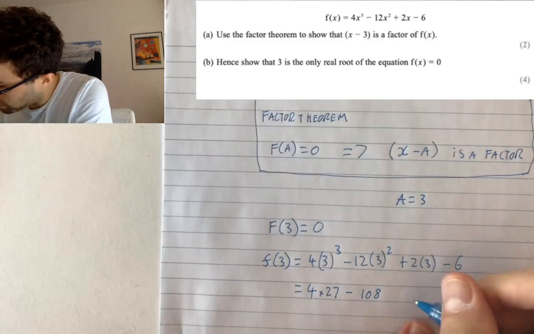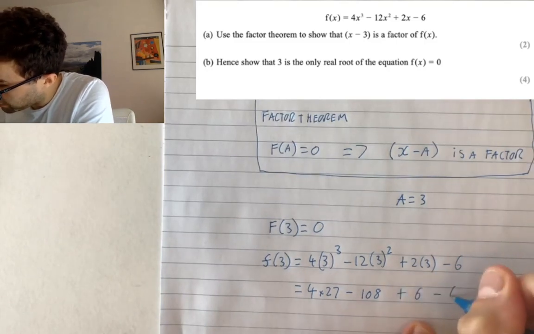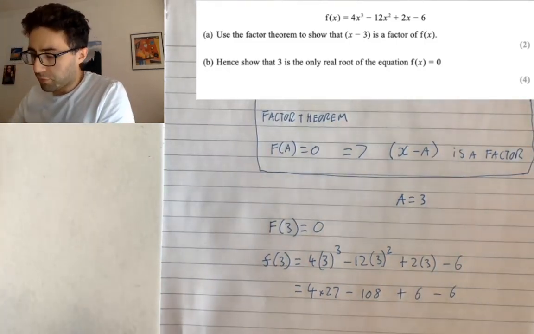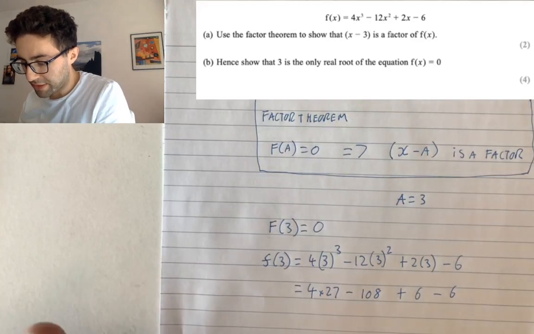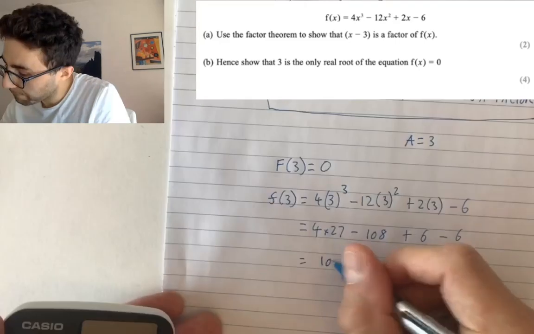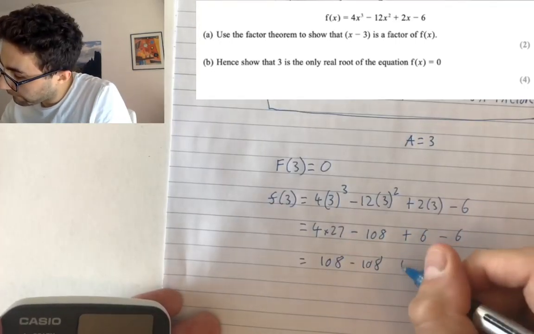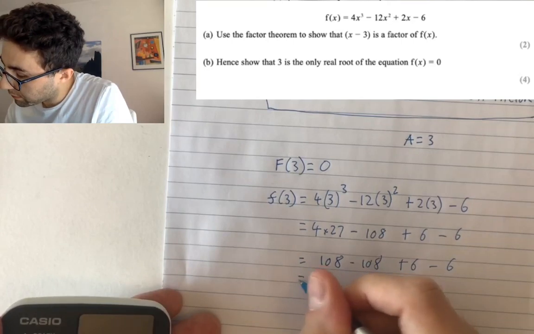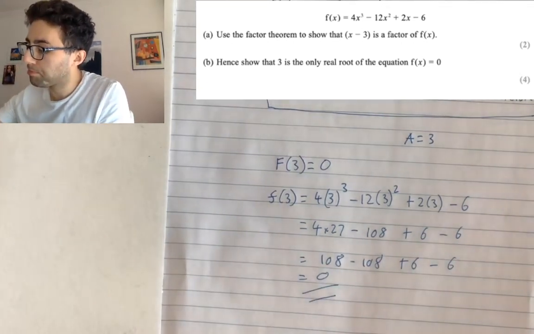Possibly, stick with that for now, plus 6 minus 6. 4 times 27, if your mental maths is better than mine this morning, well done to you, that's also 108. So indeed, f of 3 equals 0.